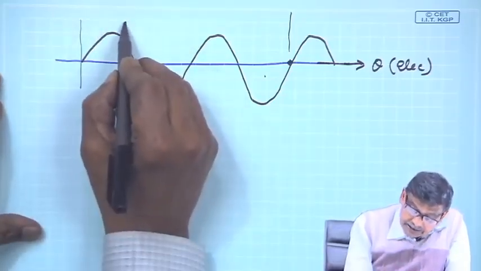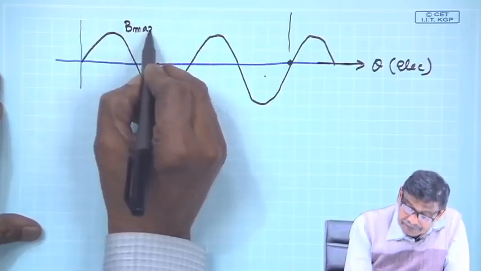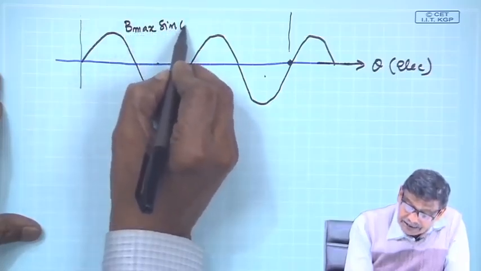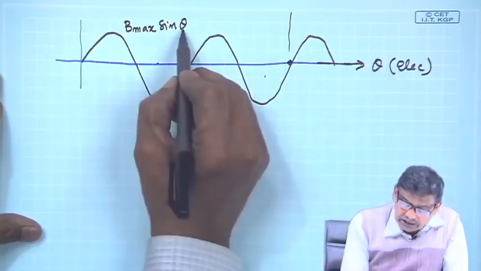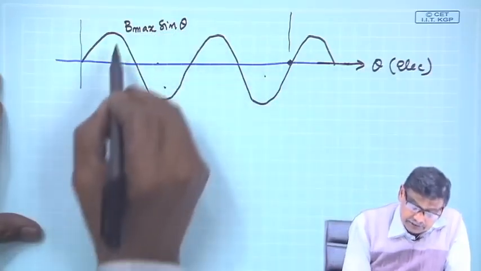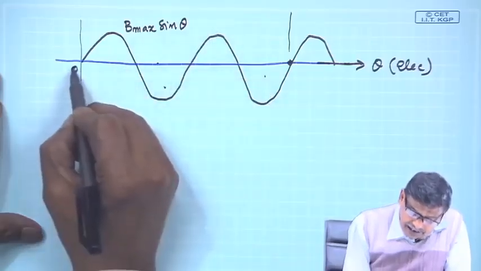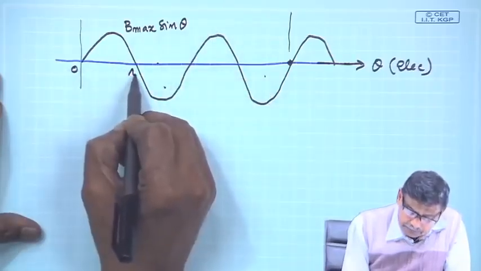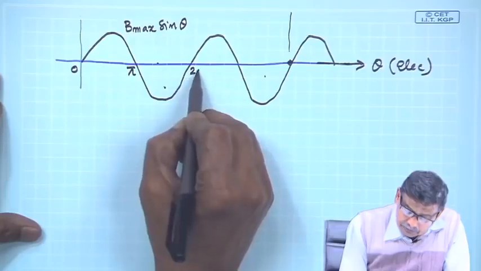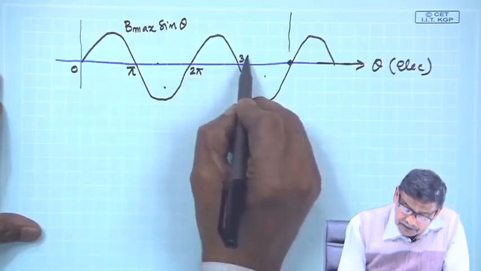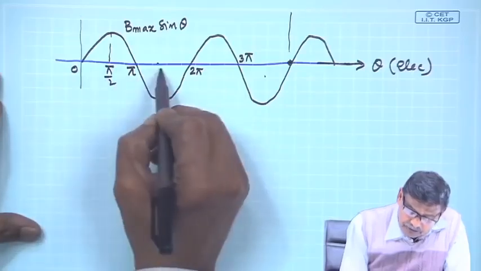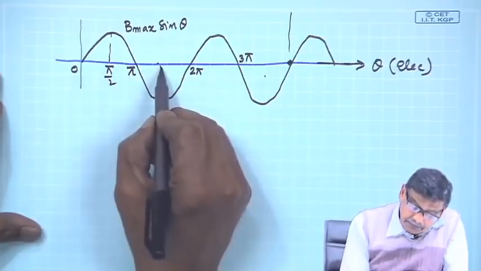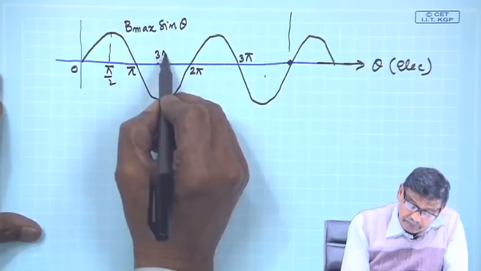I will write it as B max sin theta, and this theta, as I told, without any suffix means electrical angle. So, B max sin theta, and there I will indicate 0, pi, 2 pi, 3 pi, this is pi by 2, and so on. This is 3 pi by 2.